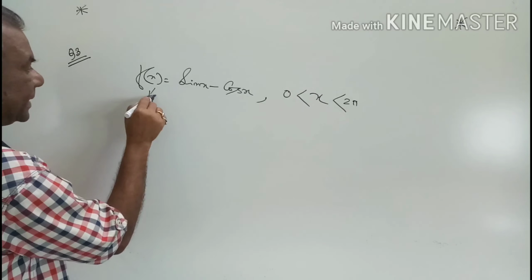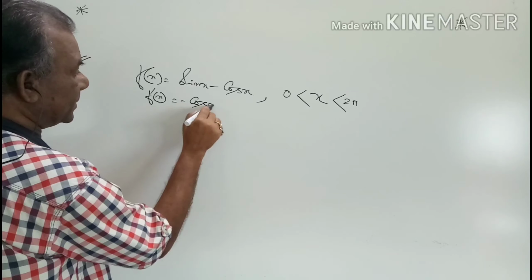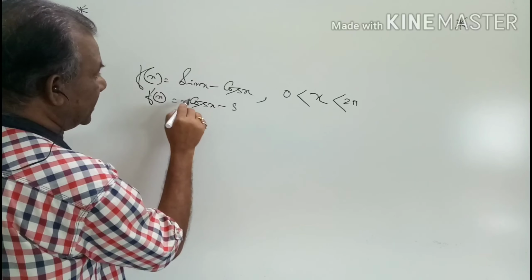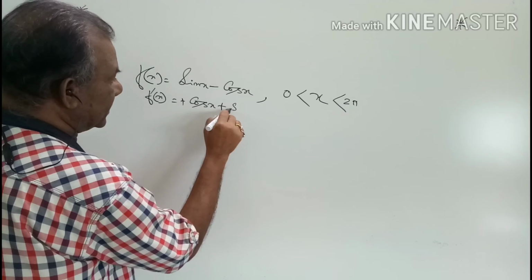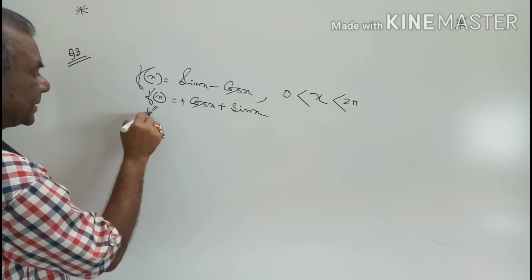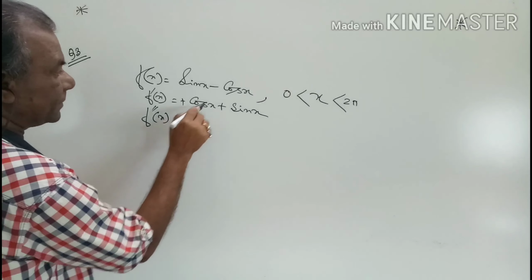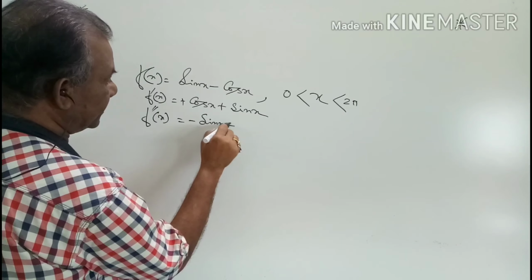So what will be f dash x? It is cos x plus sin x. Now f double dash x is minus sin x plus cos x.